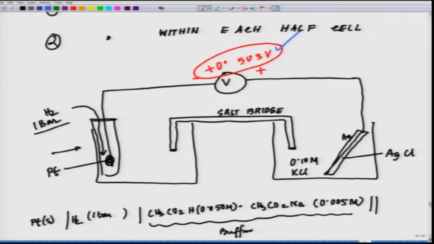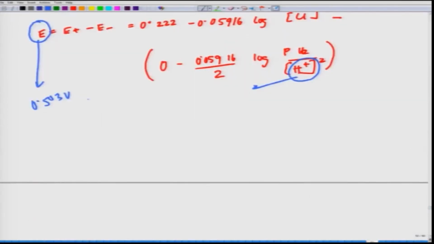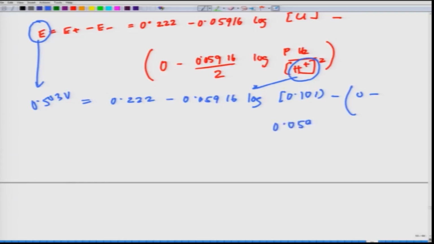So insert this value there and then pull down this whole thing: 0.222 minus 0.05916 log of 0.1, minus 0, minus 0.05916 divided by 2 log of 1.